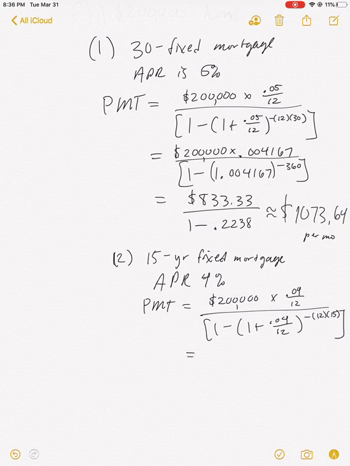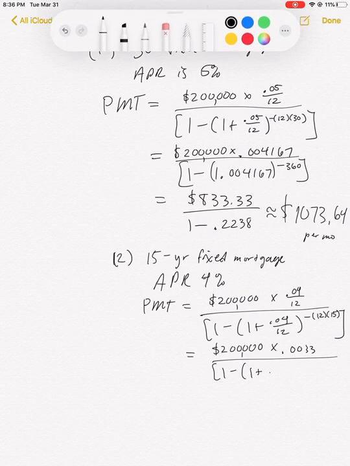When we do the calculations on the calculator, we get $200,000 times 0.0033, those threes go on forever, over 1 subtract 1 plus 0.0033. We're going to go ahead and put it as a decimal. It'll be easier that way.